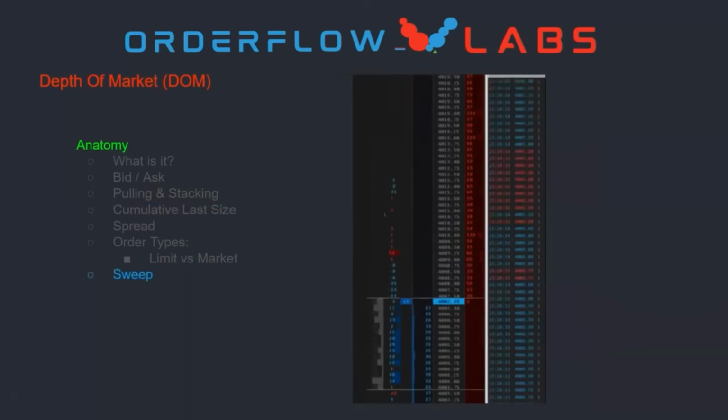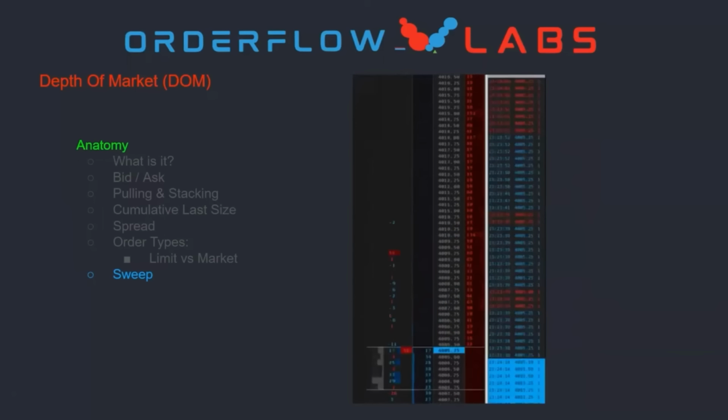Now sweep, like I mentioned, this is a very extreme example because I want it to be very clear, is that if an order comes through and on the other side, there's not enough quantity to satisfy it, it will sweep the book all the way up on the other side until it is satisfied. This is an example from the NFP in September.